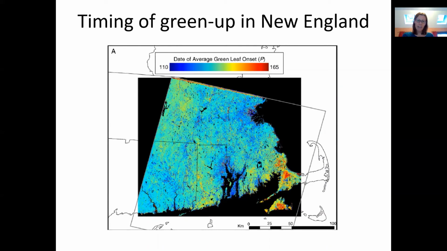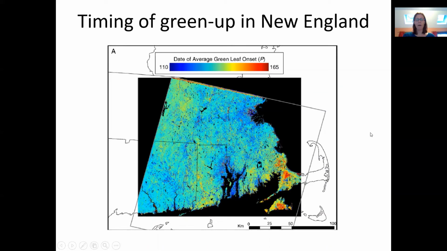So you can look around and say, okay, where are the areas that are bluer, that had earlier seasons? Well, they tend to be around coastlines, like southern Rhode Island, this whole area. They also tend to be right around cities, right?